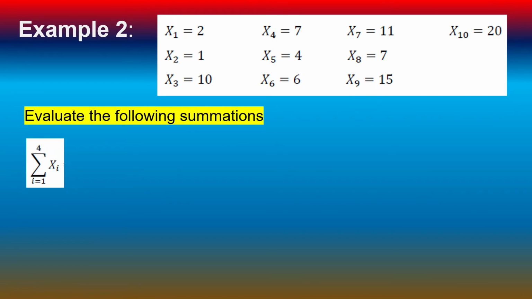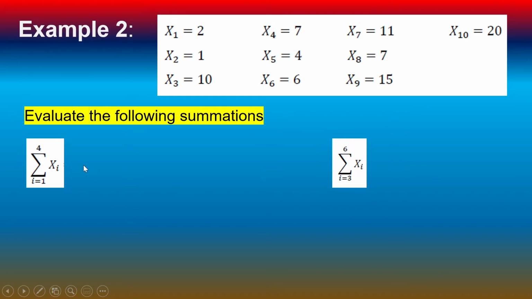First one, give the sum of X sub i that has 4 observations that ranges from X sub 1 to X sub 4. And then here, 6 observations that range from X sub 3 to X sub 6.